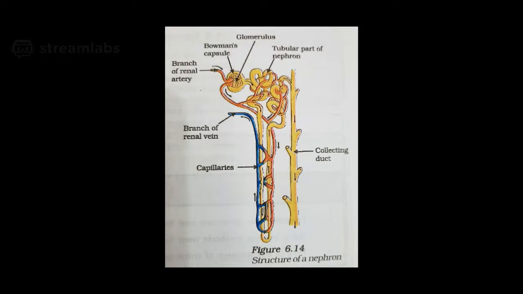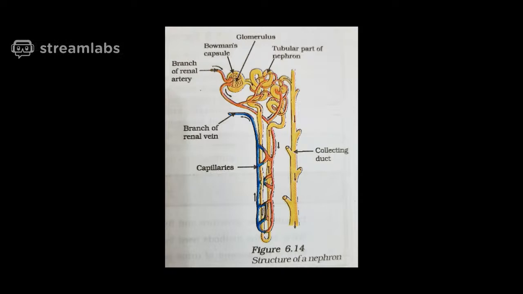These are supplied with a good number of capillaries, where the capillaries absorb the nutrients and essential salts, and the rest of the unnecessary nitrogenous waste is removed by the collecting tubule. This is how finally the urine is formed in the kidneys with the help of nephrons.